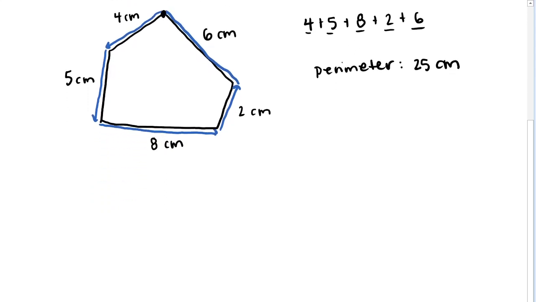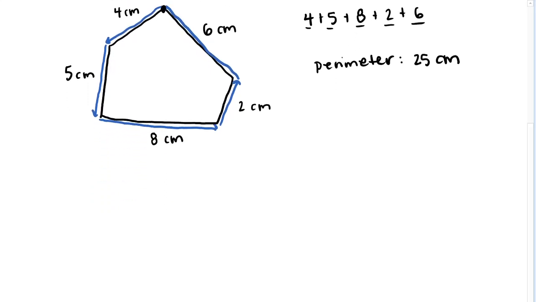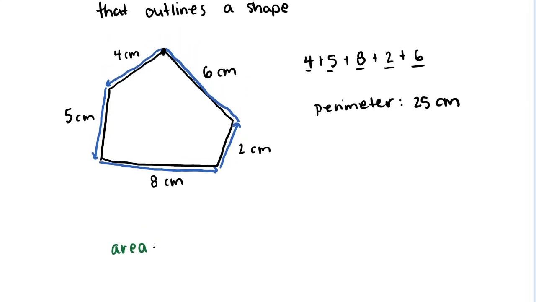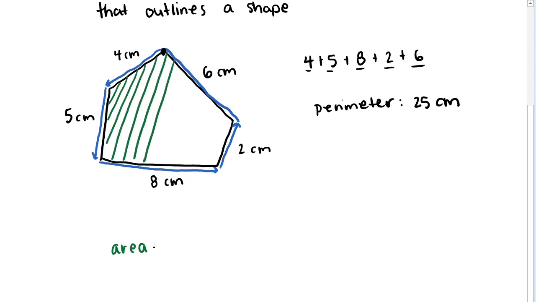And then what's the area of a shape? Now this is a little bit harder to describe, but in our above example, it's really the amount of space within a flat shape. So here, the area of this shape is the amount of space contained in this shape that I've shaded in green.